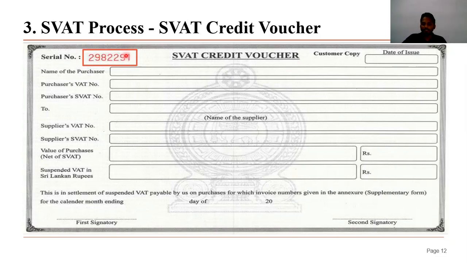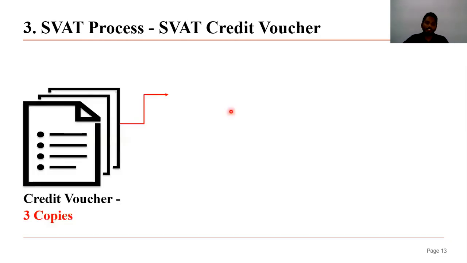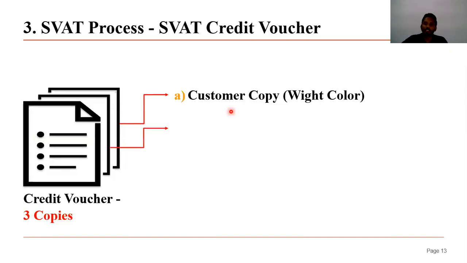Right? Then the SVAT credit voucher book you will receive, let's say a book of 50 vouchers. Then each voucher has 3 copies. The first one is the customer copy, who is normally the supplier.